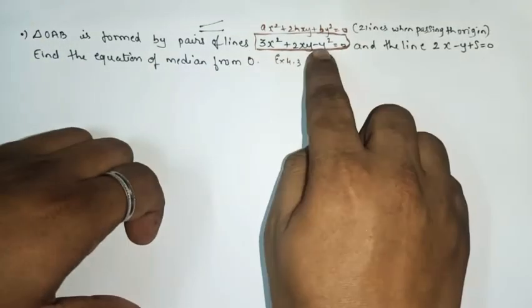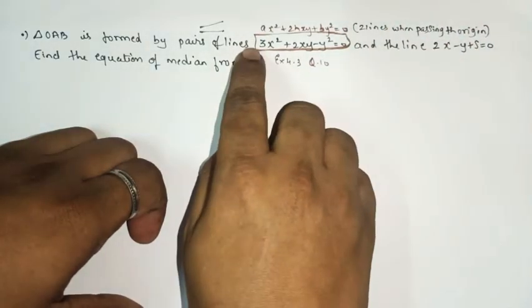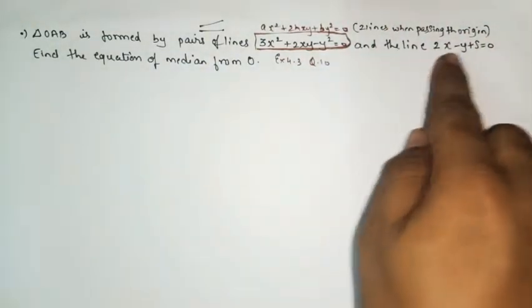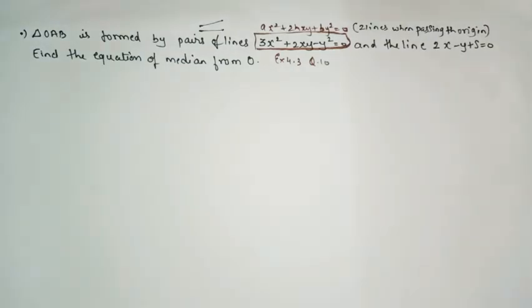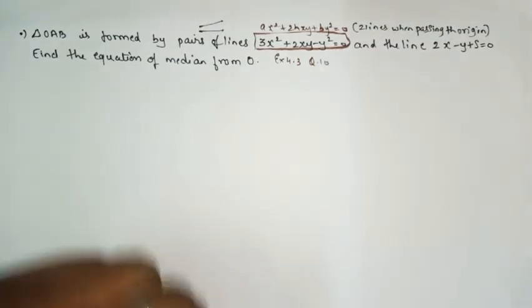After that we have one line, 2x minus y plus 5 equals to 0, and then you have to find the equation of the median from O.